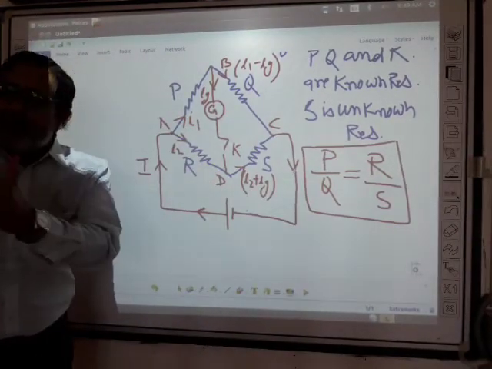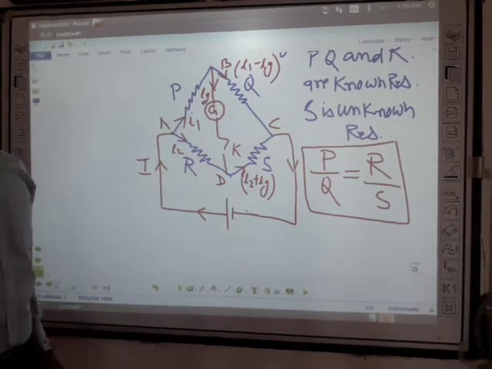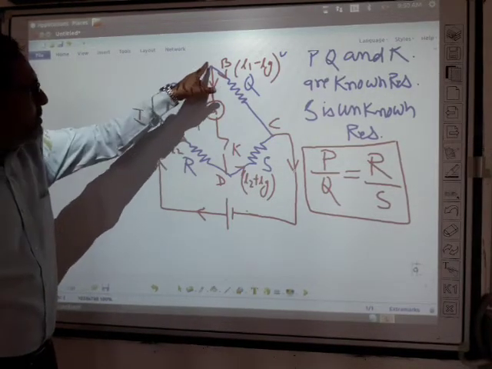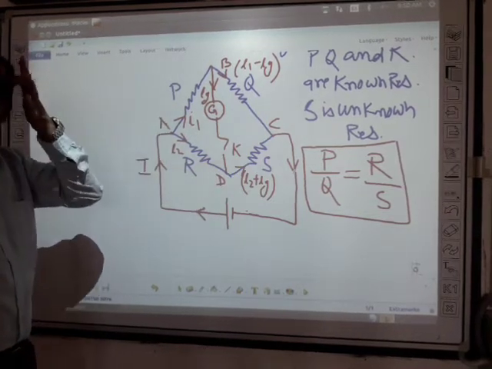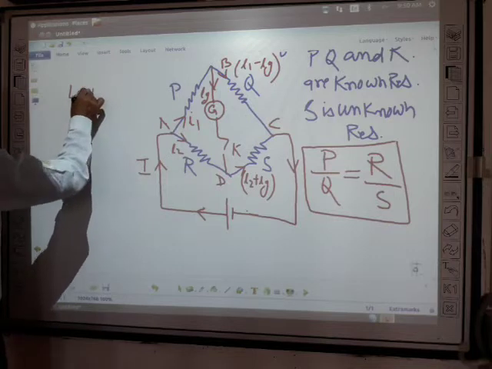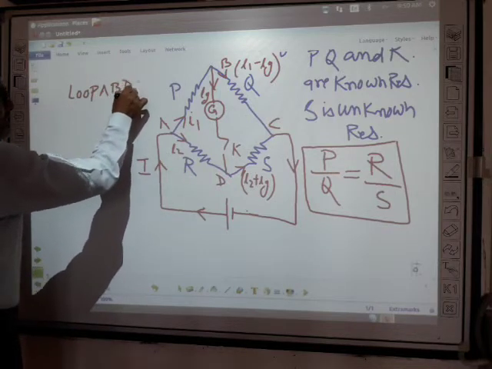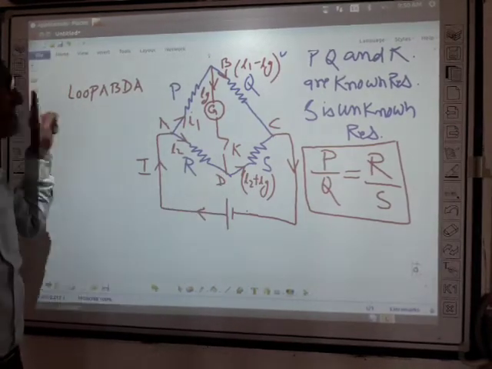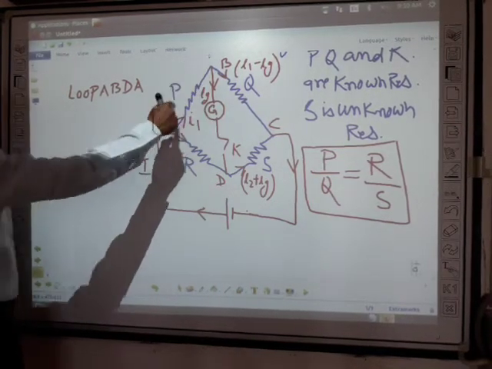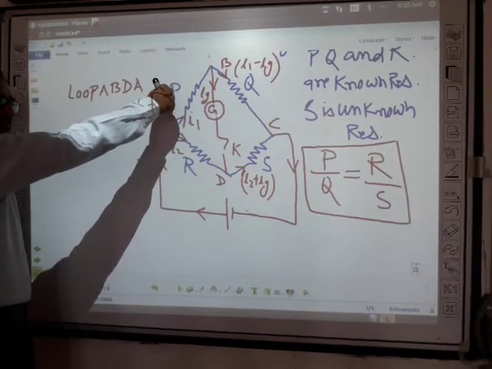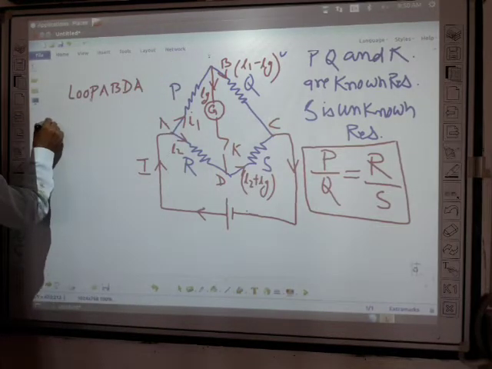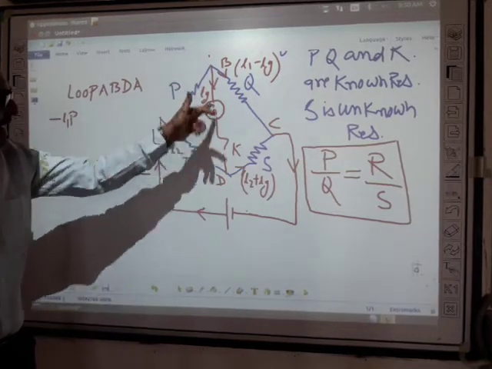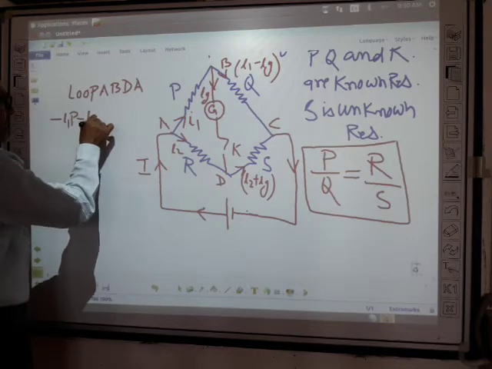First we take a loop which is closed. Now we take A, B, D, A. So first loop A, B, D, A means we are moving from A to B, then B to D, then D to A. A to B current is I1, resistance is P. We are moving along the direction of the current, so minus I1P, reaching at B, Ig G, so minus IgG.